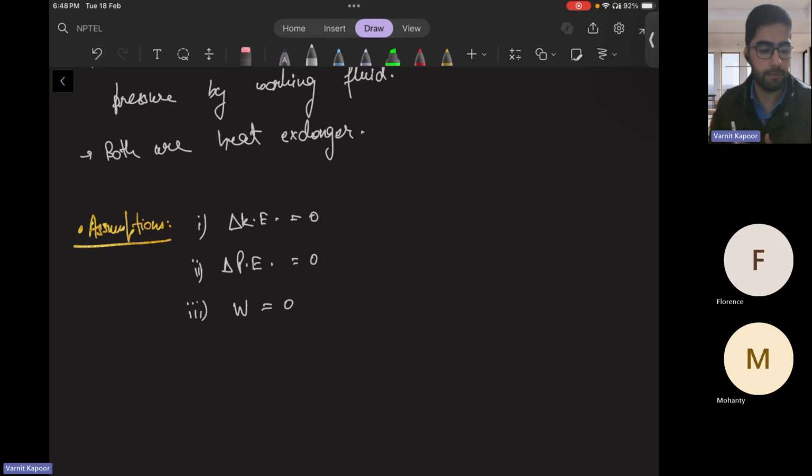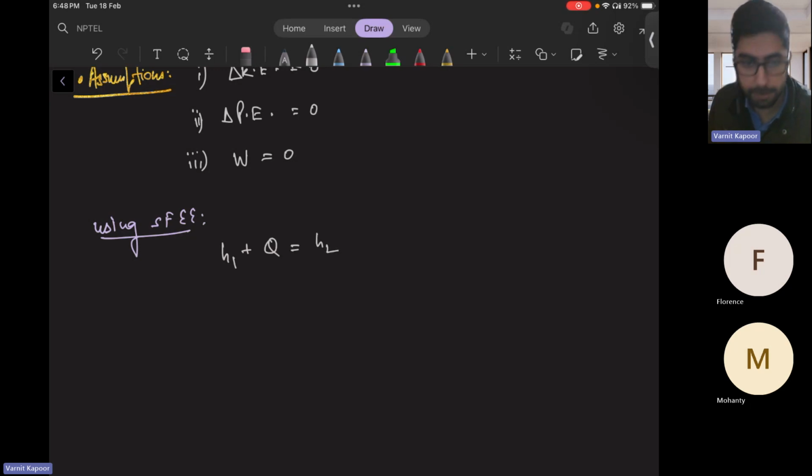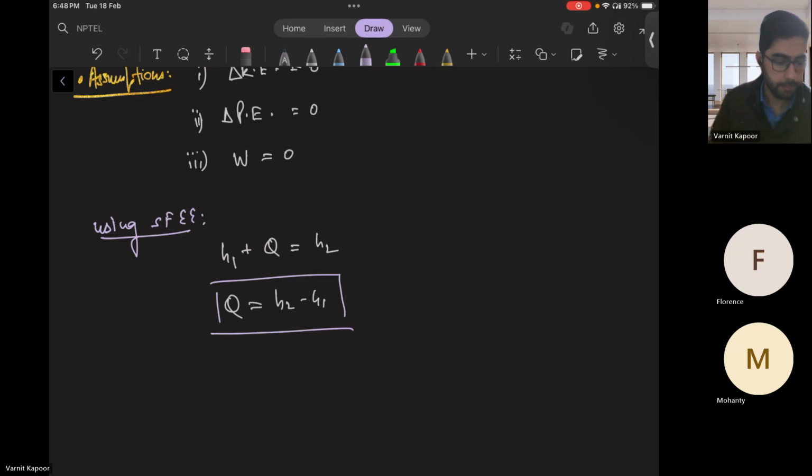I'm writing in short form. Okay, so using SFEE now, there is enthalpy at the inlet as well as heat interaction and enthalpy at the outlet. Rest all the things are 0. So heat interaction Q is H2 minus H1. So heat is absorbed by the system and temperature increases.